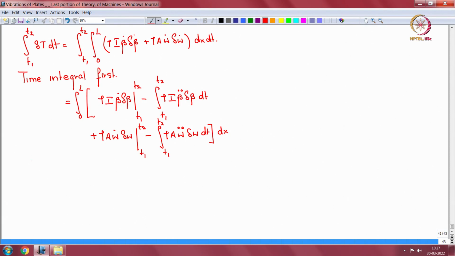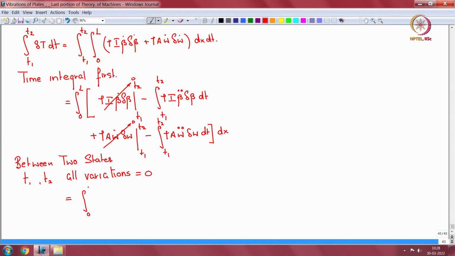Now Hamilton's law says that between two known states at t1 and t2, all variations at these two endpoints are 0. So delta beta is 0 at t1 and t2, delta W is 0 at t1 and t2.